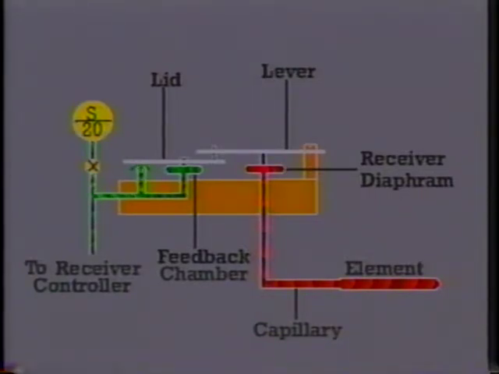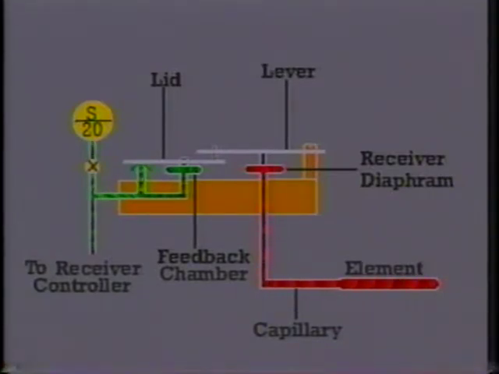The T5210 illustrated here is furnished with a liquid-filled bulb-type sensing element. As the temperature surrounding the bulb increases, the liquid inside the bulb expands. This expansion is transmitted through the capillary up to the receiver diaphragm.